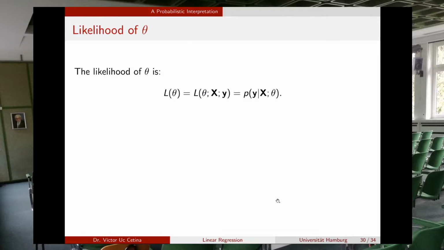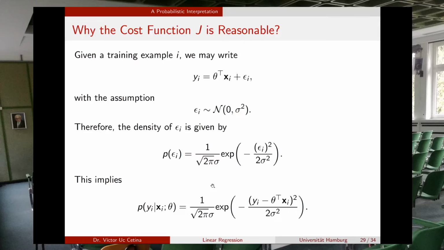And we can say then that the probability of getting some y, given that the input vector is some x and that we have some parameters theta, can be estimated using this probability distribution.